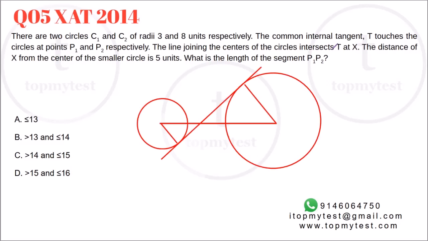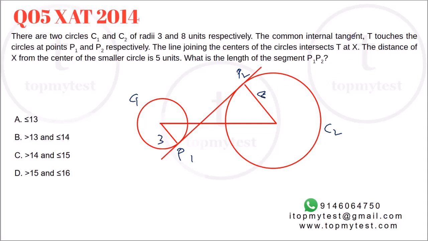So let's draw the circle. I've drawn this circle here. So C1 is here, C2 is here. So there's a common internal tangent and the line touches the circles at P1 and P2. So this is 3 units, this is 8 units.